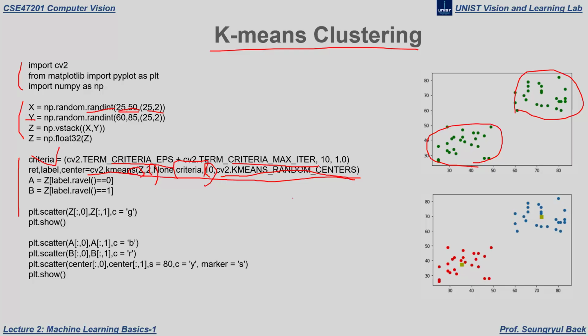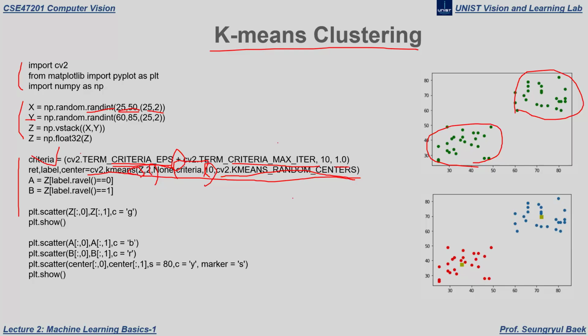So if the overall iteration reaches the maximum iteration number you specify, or, which is meant by this plus sign. Because you are specifying this as plus, that means or. So either the maximum iteration number is reached, or there's no significant change, which is the EPS. And this 1.0 is the threshold for the EPS.